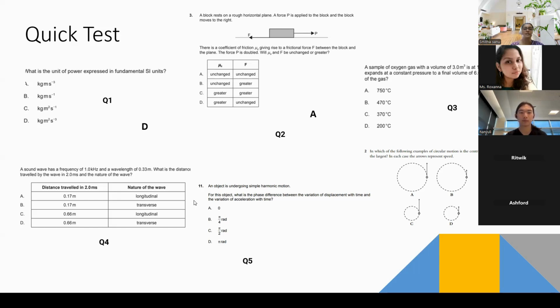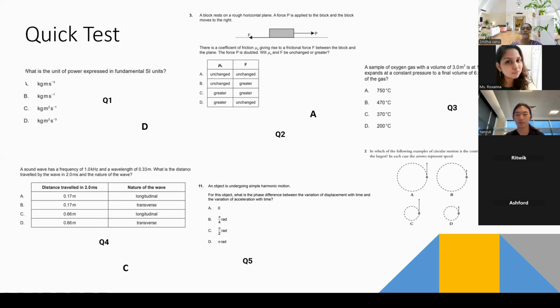So V is directly proportional to lambda. V is equal to F lambda. So if V is a constant, you can see the relation between frequency and wavelength. So distance traveled in 2 millisecond will be double. Okay, good. That's correct. Next, let's go to question 5.